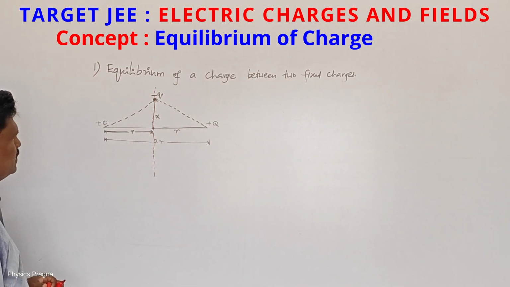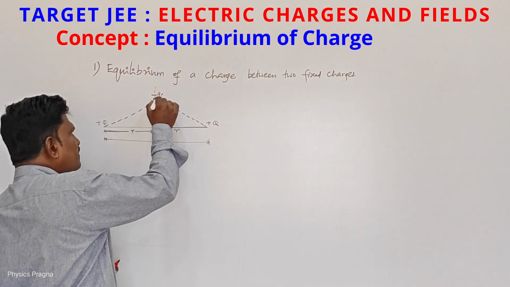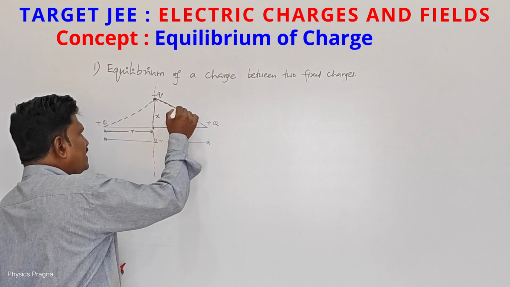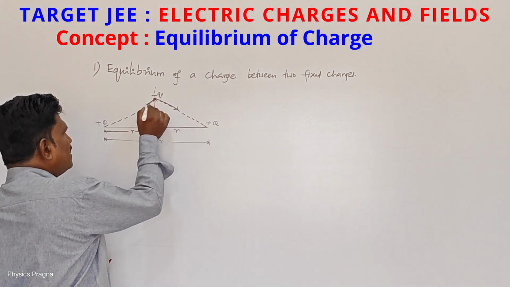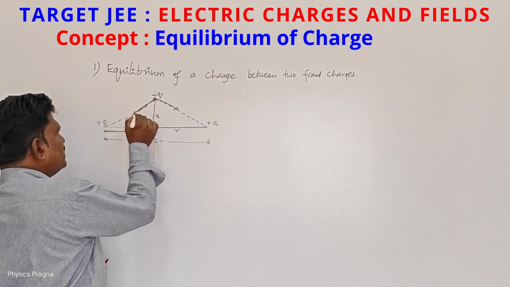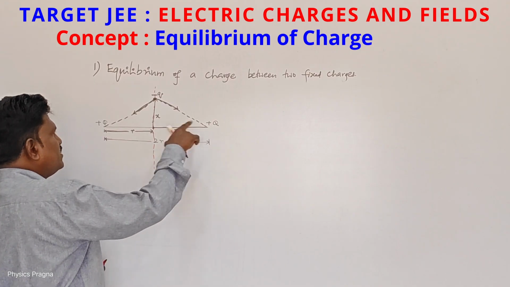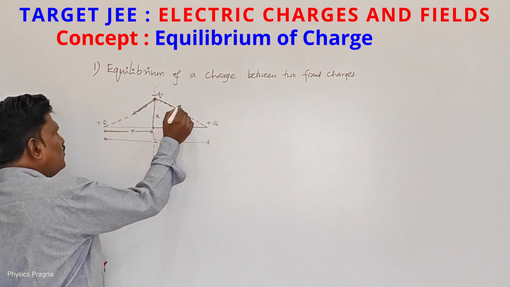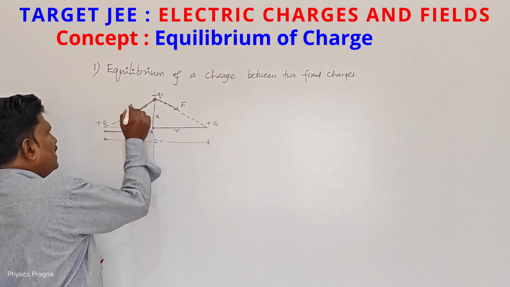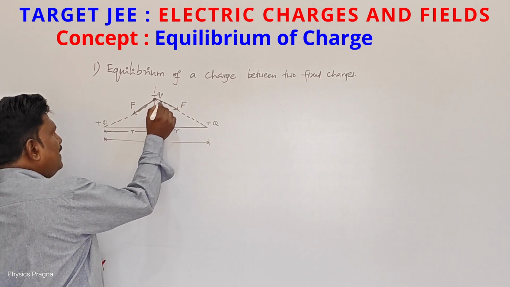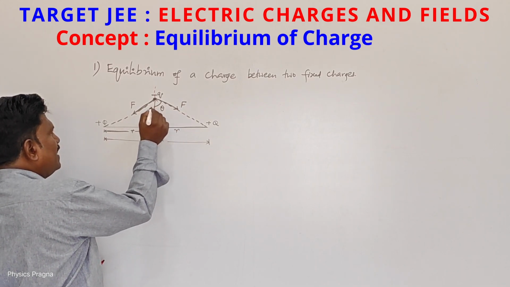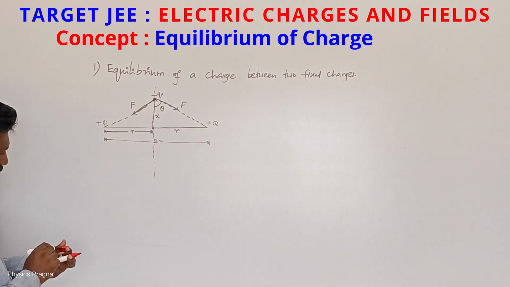So here this minus charge is attracted by this one, and also attracted by the other plus q. Both are similar charges, so the forces are equal. I will take this angle as theta and this also as theta.